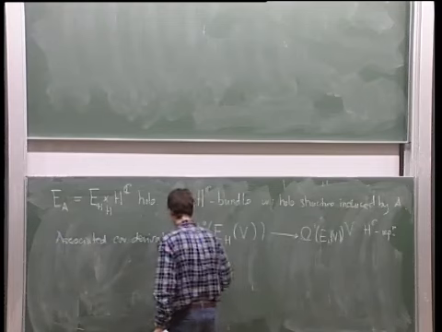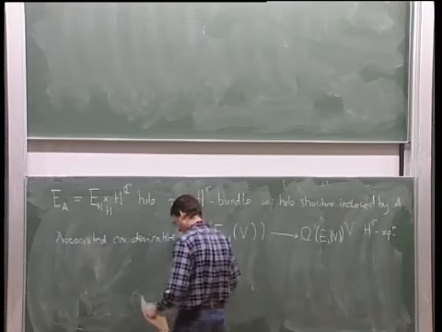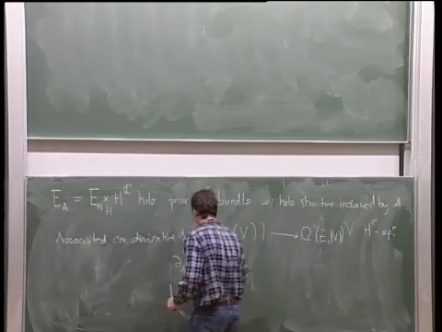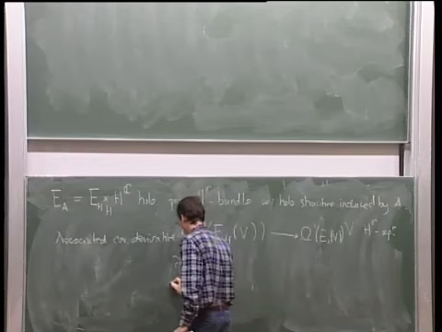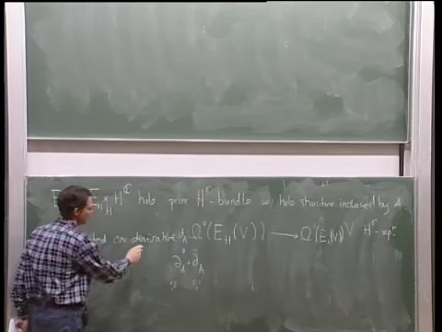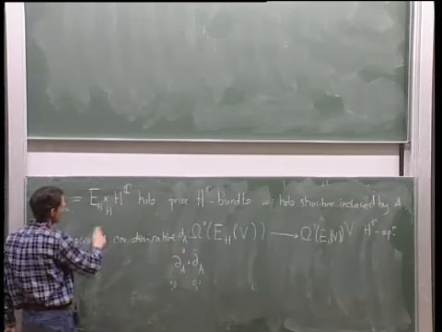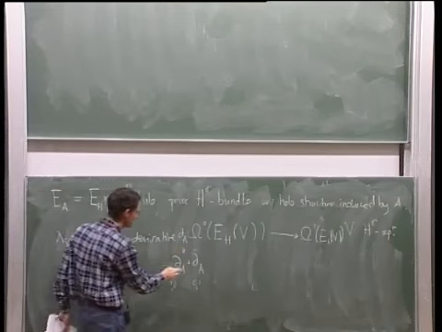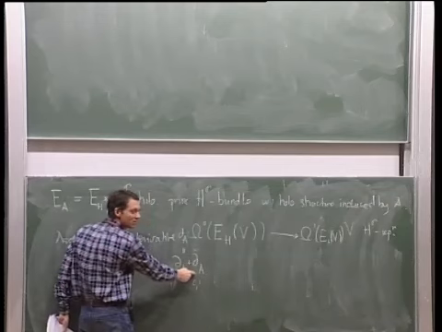And that we can split into its (1,0) and (0,1) parts. So let's say partial_A and bar-partial_A. And then the holomorphic sections of E_A are just the ones that are killed by this operator.